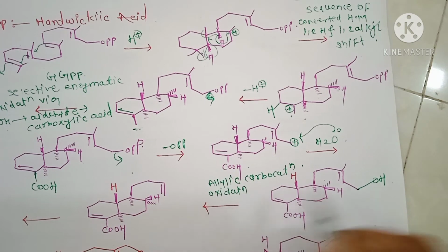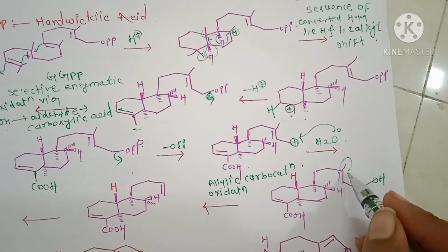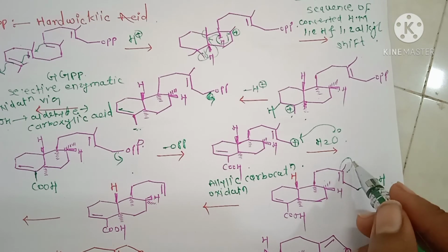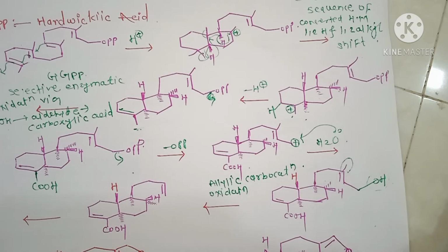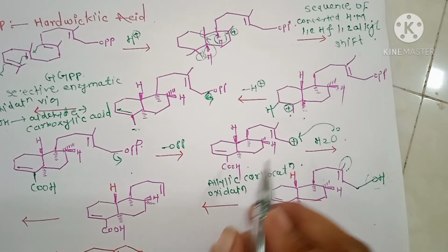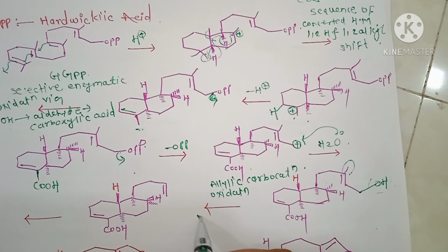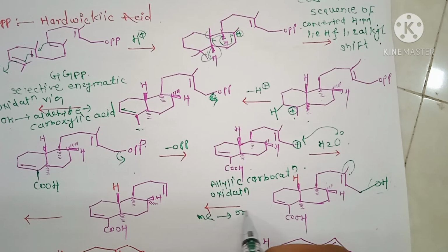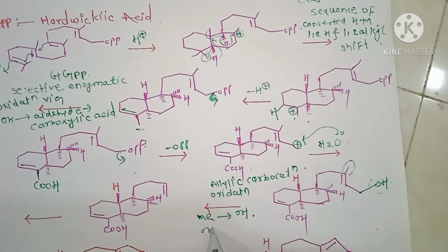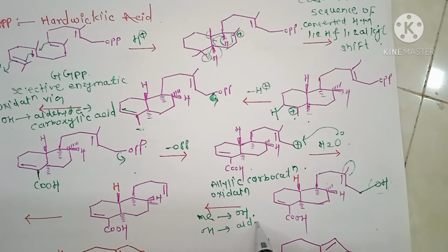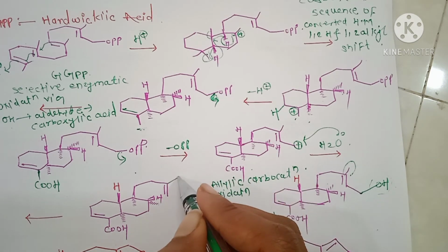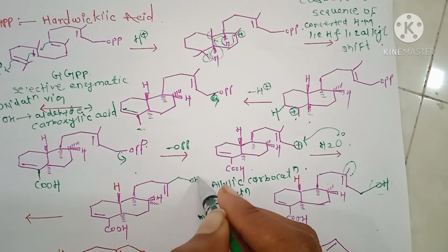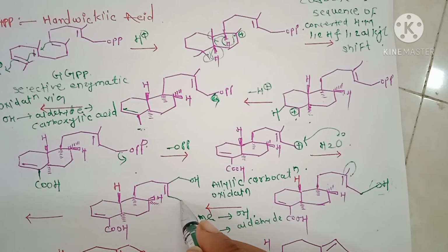Oxidation of this methyl group is converted into alcohol, and this alcohol is converted into aldehyde. Okay, oxidation of CH2OH to aldehyde. Okay, here the formation of CH2OH, and here C double bond O.